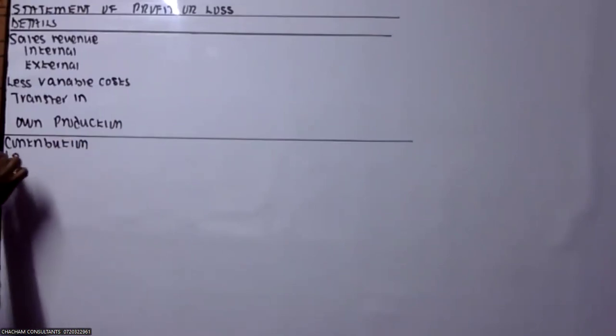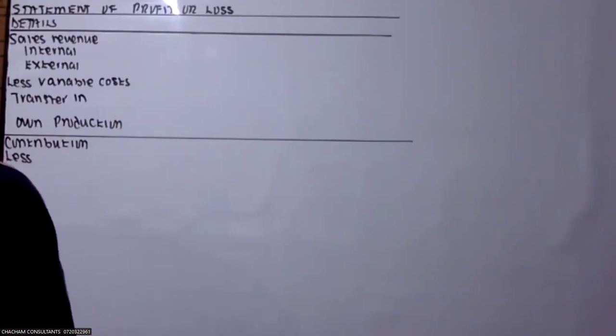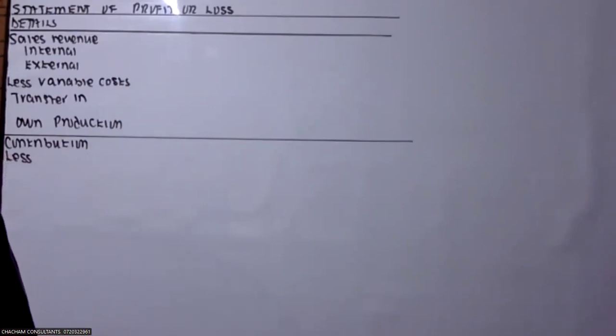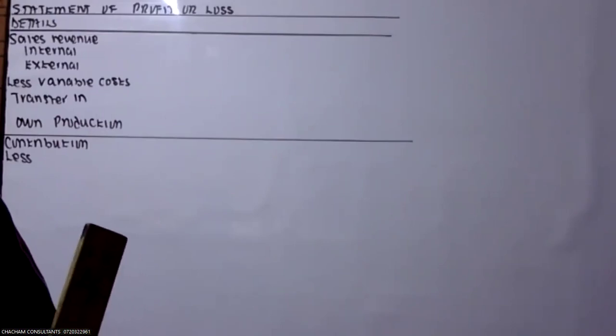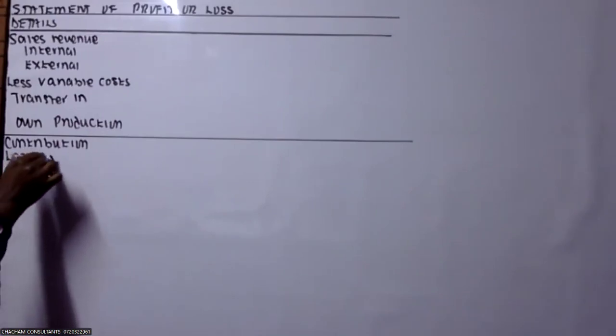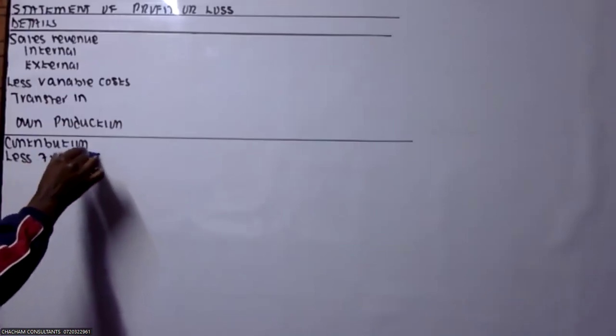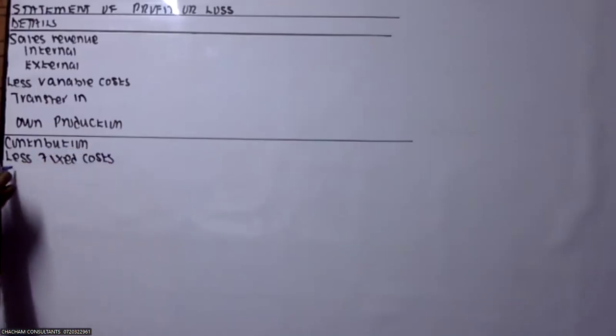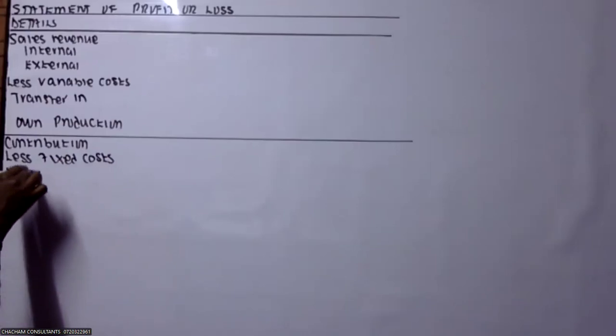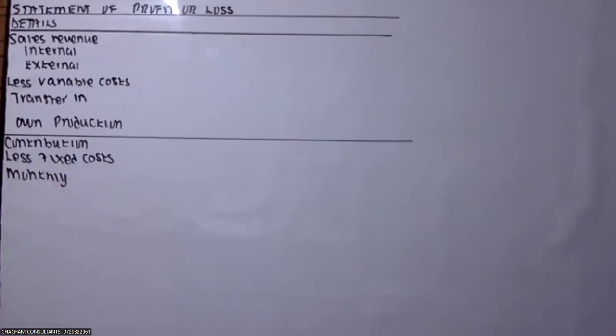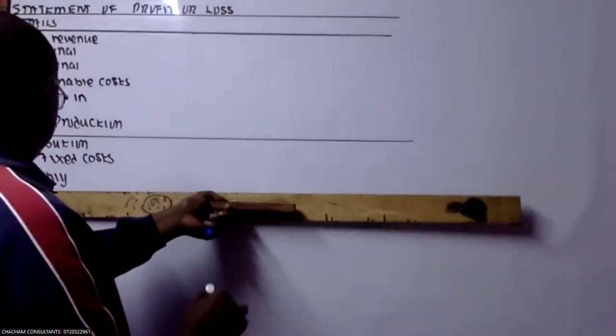So that we say less monthly fixed costs. So we say less fixed costs because they could be several. Here they are just calling them monthly, so it's just one.